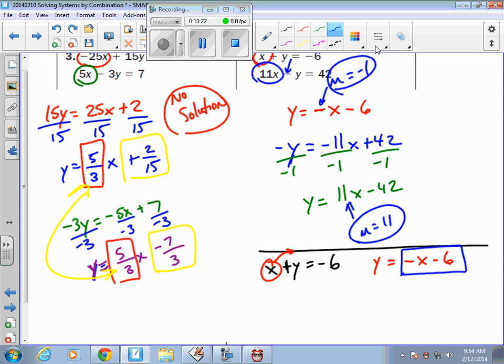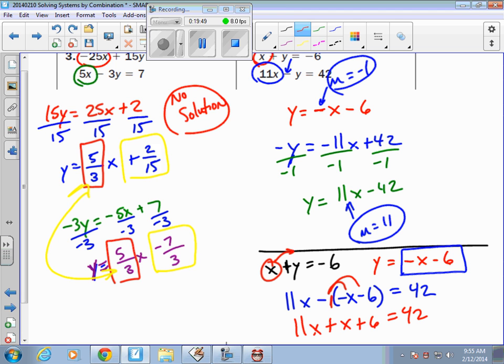The other equation says 11x minus y's value, which our new y value is negative x minus 6, equals 42. So when you distribute negative 1 to both of these, you get positive x and you get plus 6. So 11x plus x, since it's positive, equals 42.